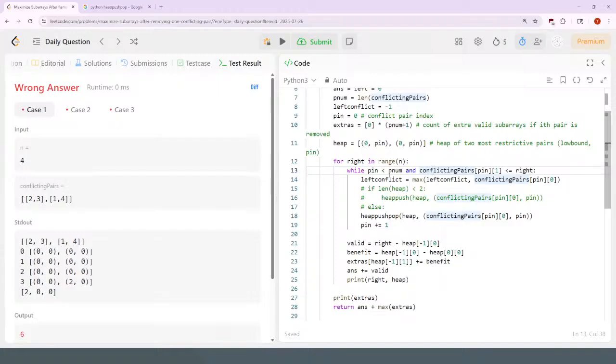Should just be less than. 2, 3. So 3, the right index should be 0, 1, 2, 3. The right index should be, I think there should be -1, no?